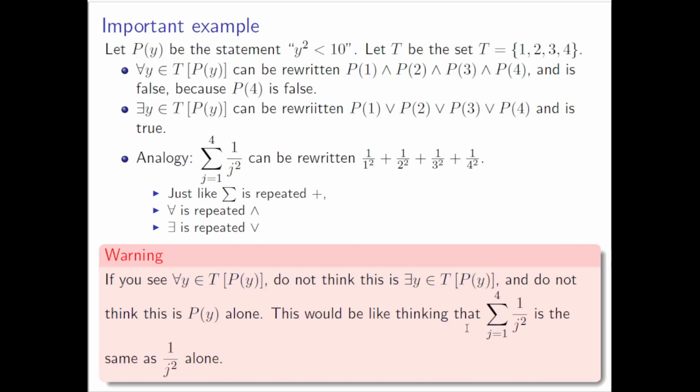So the analogy is that this would be thinking that this right here is just the same as this right here. These aren't the same. There's no communication of what the last value of j is, this 4. I mean, 1 over j squared itself could have a meaning. It's just 1 over something squared, we just don't know what the j is. You see this in an algebra class, and it can make sense on its own.